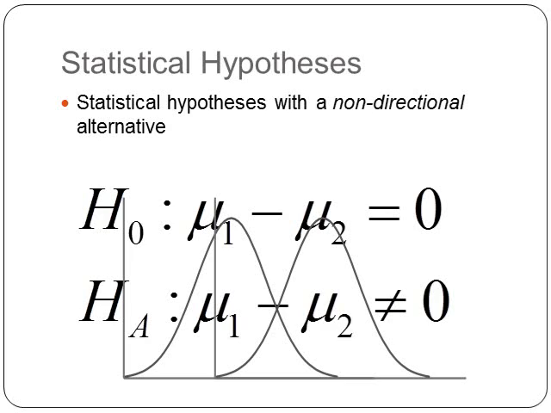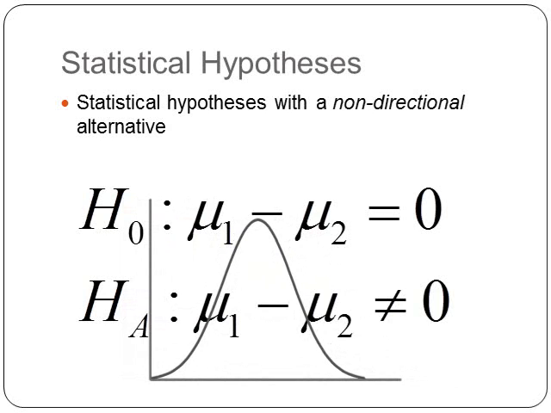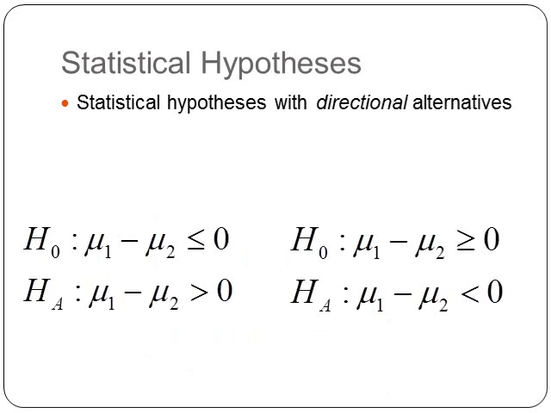So the null says these two things are equal. The alternative says, no, they're different. Your research hypothesis is almost certainly going to say the two populations are different. That is, if you have two independent samples and you apply a condition to one and not the other, you expect to find a difference. And that's what the null would look like. We can also have directional tests with greater than and less than symbols.